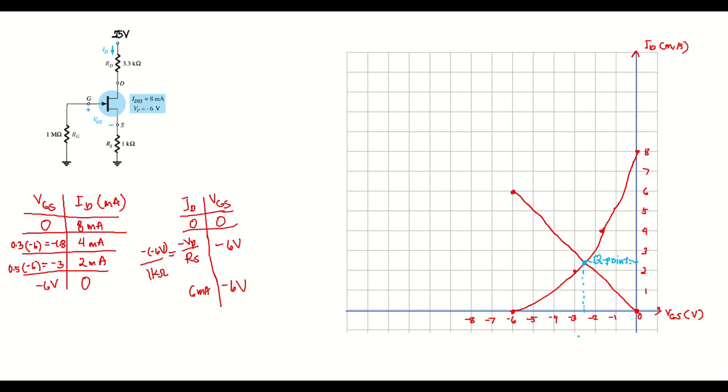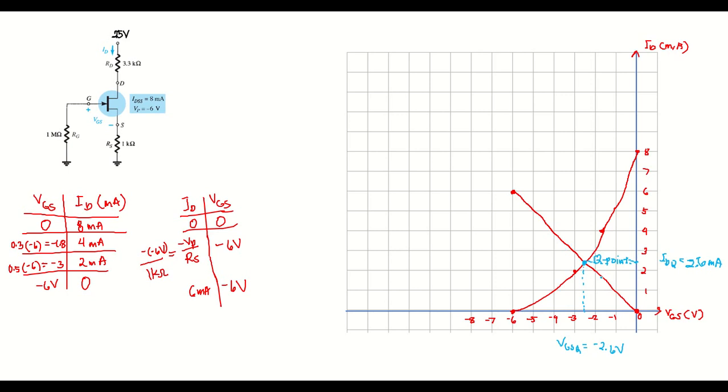Our VGSQ is equal to somewhere around negative 2.6 volts, and our IDQ is equal to 2.6 milliamperes. So that's how we get it.